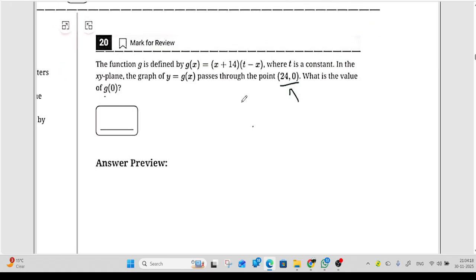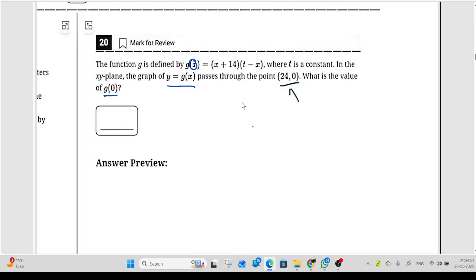So the next question is this. The function g is defined by g of x, where t is a constant. In the xy plane, the graph of this passes through this point. What is the value of g of 0? Basically, in place of x we have to put 0.